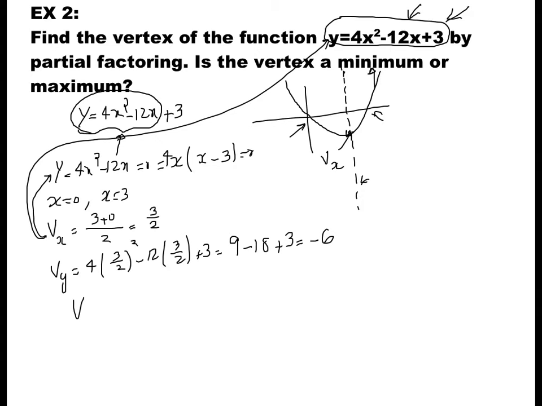So the vertex is going to be at 3 over 2 and negative 6. Since the leading coefficient a is plus 4 and is positive, this means the quadratic opens upward, so the vertex represents a minimum point.